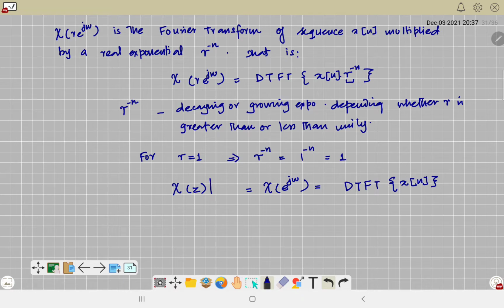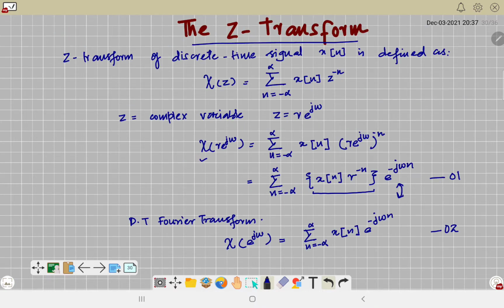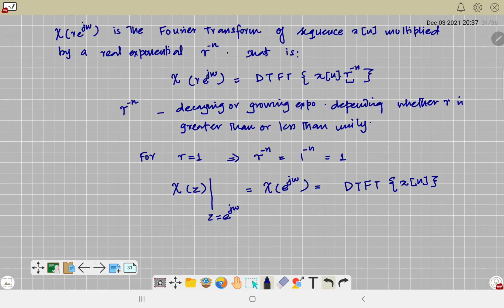So X of z evaluated at z equal to e raised power j omega. Generally z has a value r e raised power j omega, but if we put r equal to 1, we will be evaluating the Z transform at e raised power j omega, which turns out to be the discrete time Fourier transform of the original sequence x of n.